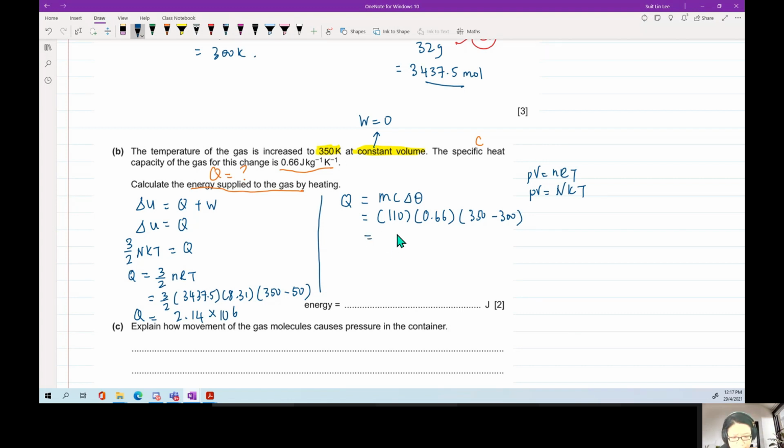And this one will obviously not give you the same answer. This is 3630. So which one is it? Let's pause a while and think. Obviously, someone is wrong. What is going on?